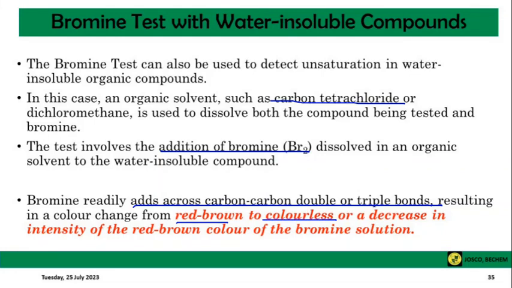I hope it is clear. The thing to note is that because the compound cannot dissolve in water, we have to dissolve it in a suitable organic solvent. Hence, we are going to use carbon tetrachloride.